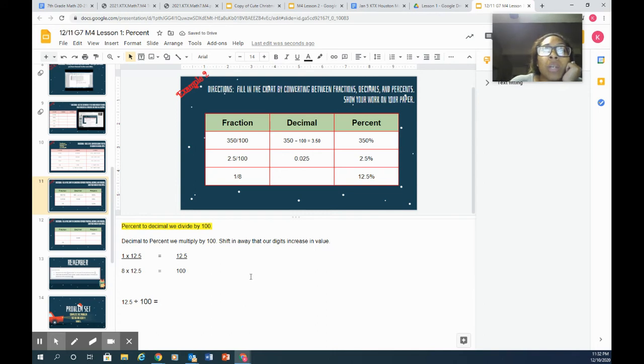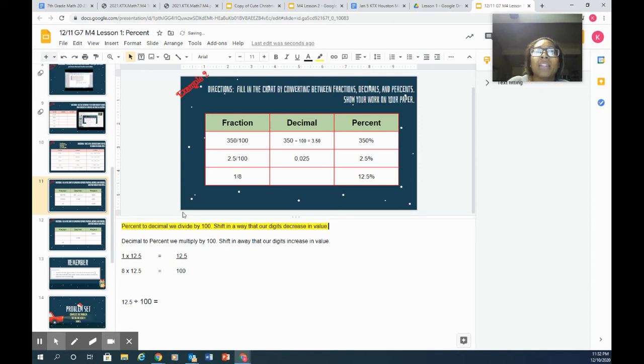And so what we would end up getting is these digits, once again, shifting, decreasing in place value. Because remember, anytime that we are dividing by a multiple of 10, we have this shift in a way that our digits decrease in value.